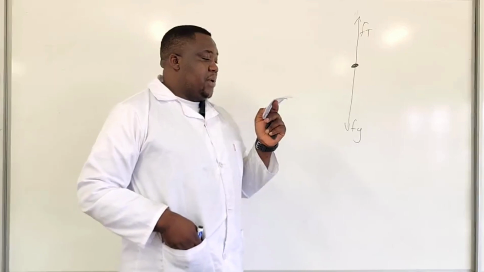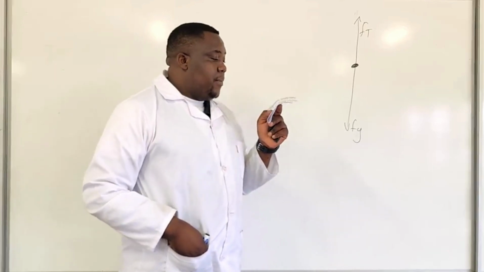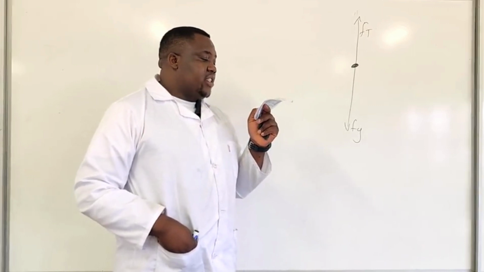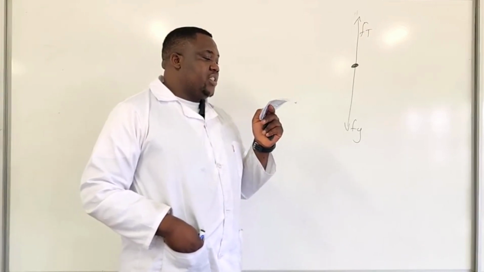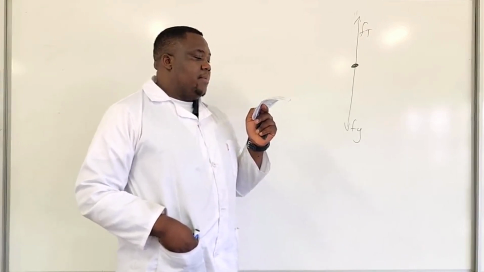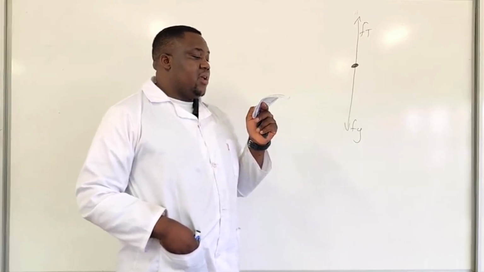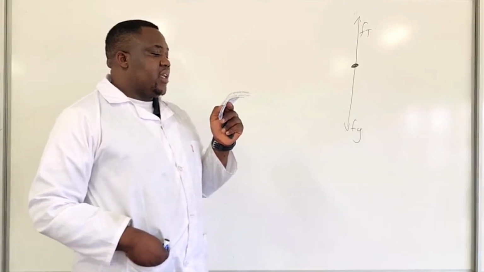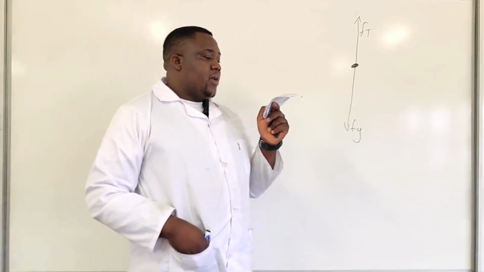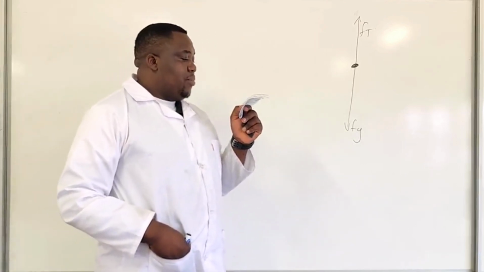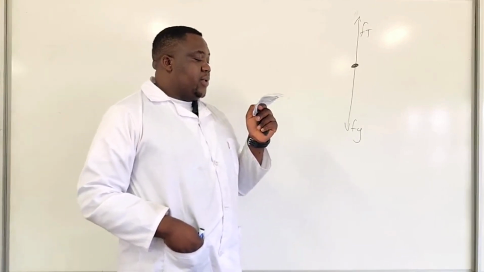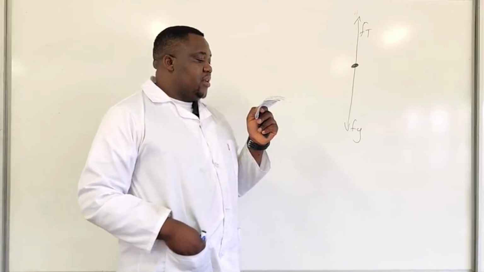Let me read the question again. A block of mass 8 kg is placed on a rough horizontal surface. The 8 kg block is connected to a 2 kg block by means of a light inextensible string, which passes over a light frictionless pulley. It starts sliding from A as shown. When the 8 kg block reaches point B, the angle between the string and the horizontal is 15 degrees.